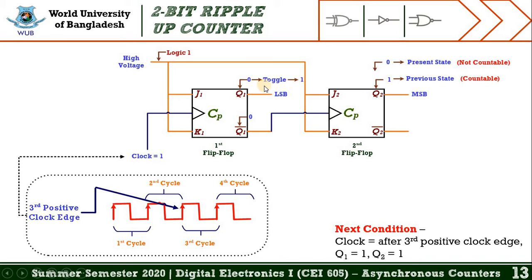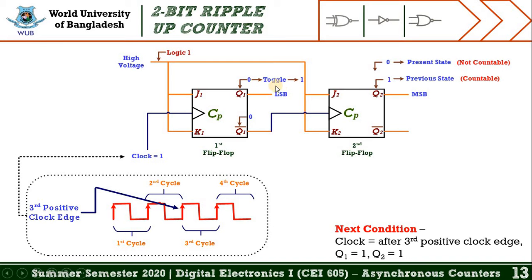But remember one thing: the previous value of the output of the first flip-flop is 0. As we have already mentioned in the previous slide, for this flip-flop the output value should be toggled in every state from the previous state.